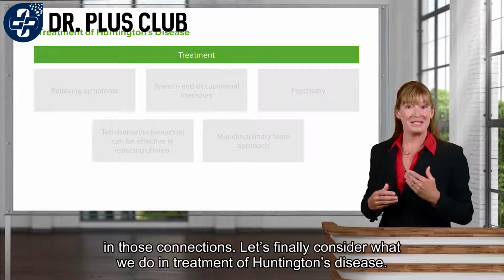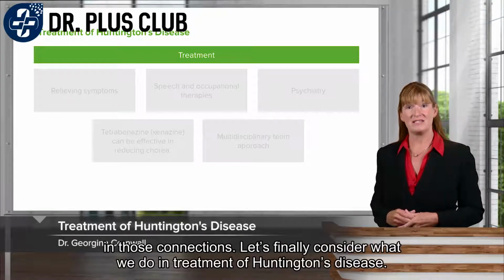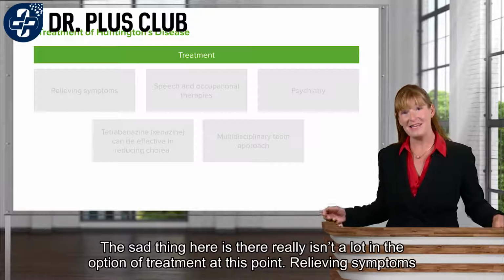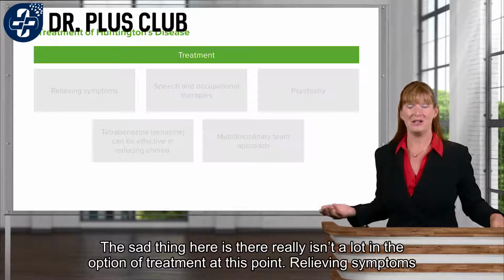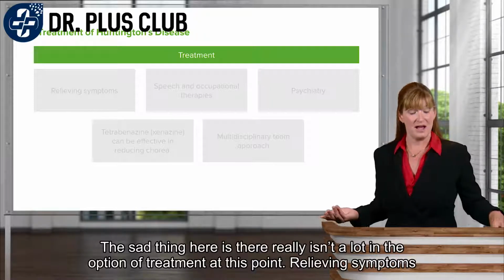So let's finally consider what we do in treatment of Huntington's disease. And the sad thing here is there really isn't a lot in the option of treatment at this point.